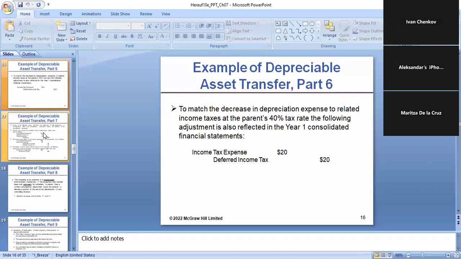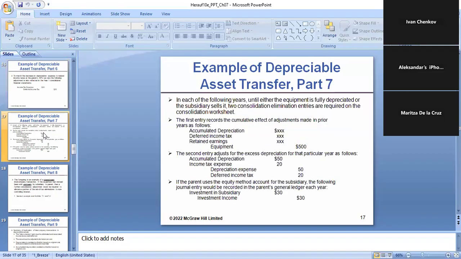So now we have to remove that income tax expense, and actually in this case we're going to add the income tax expense at the subsidiary level, and we're going to reduce the deferred income taxes that we created in the first place. And that's going to stay the same until the subsidiary actually sells the assets to third parties.